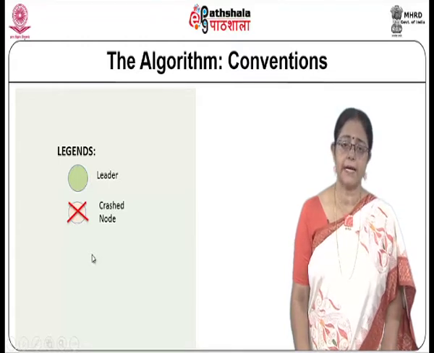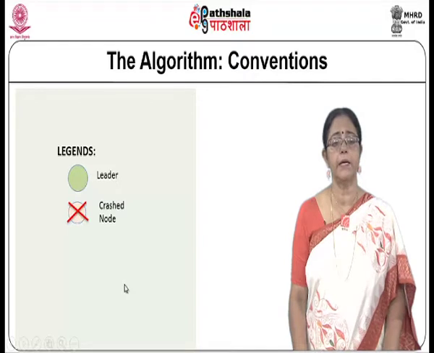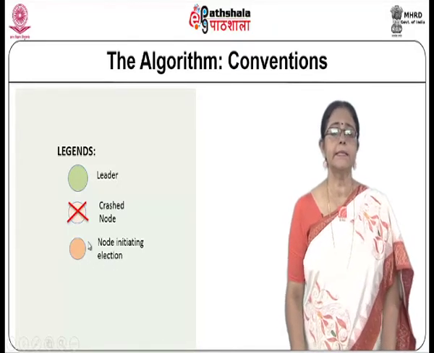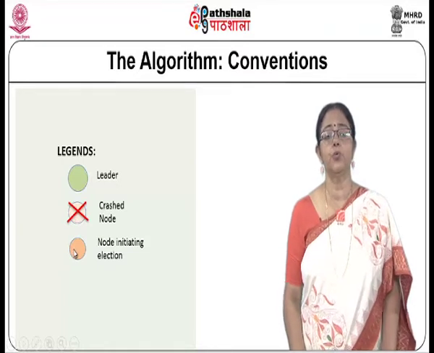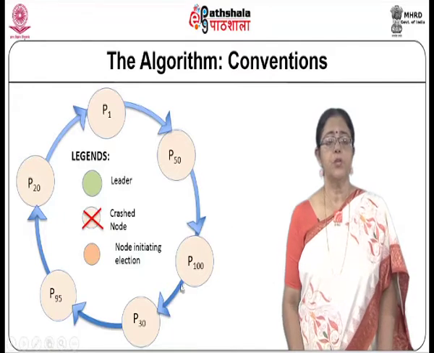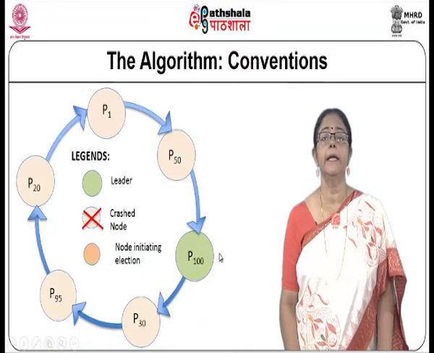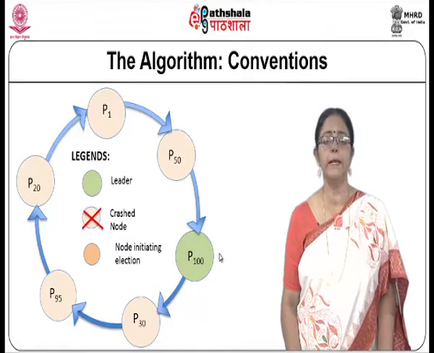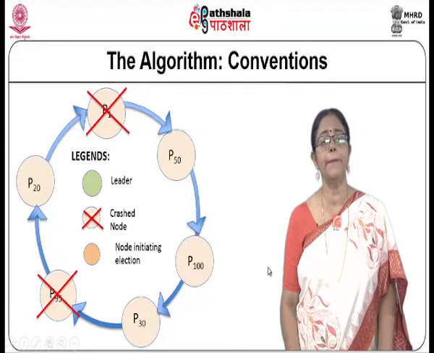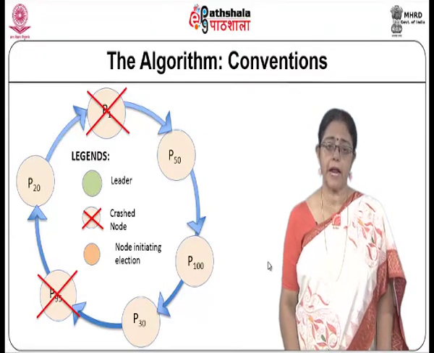If a node has crashed, then we put 2 red lines across it to indicate a crashed node, and a red colored node is the election initiator. So, in our example, P100 is the leader node or the coordinator node. Here in this example, we are seeing P1 and P95 may be crashed nodes.